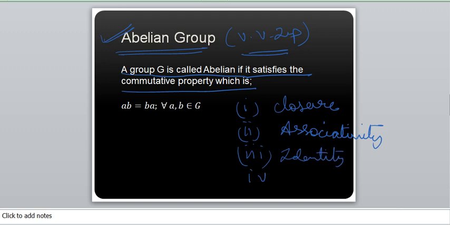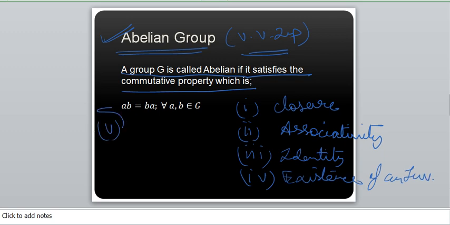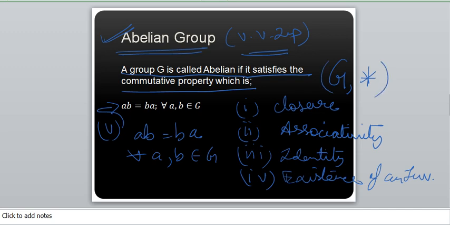And the fourth one is the existence of an inverse. Now if you have a fifth one, that is AB equals BA for all A, B belonging to G, then that group G, star is abelian.